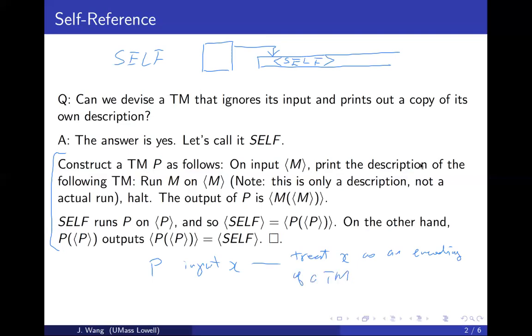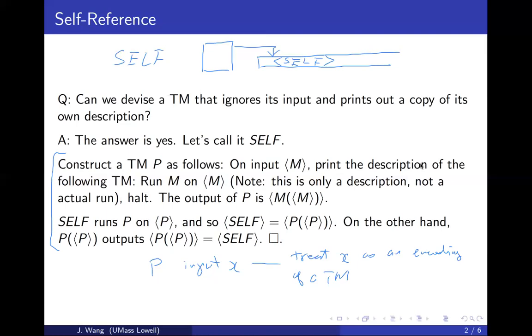We fix an encoding, then any integer can be decoded into a Turing machine. On any input, let's say a binary string, any binary string can be treated as an encoding of a Turing machine, and hence when you read an encoding, I can decode it and get the description of that Turing machine.